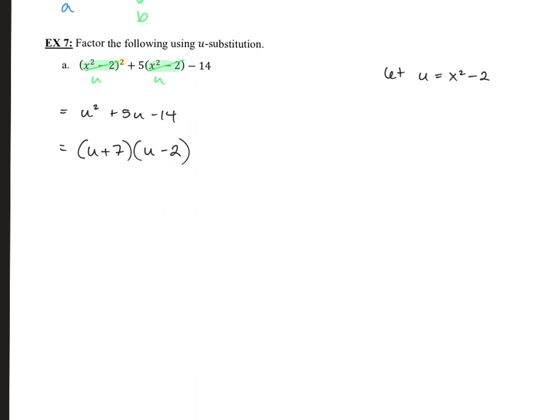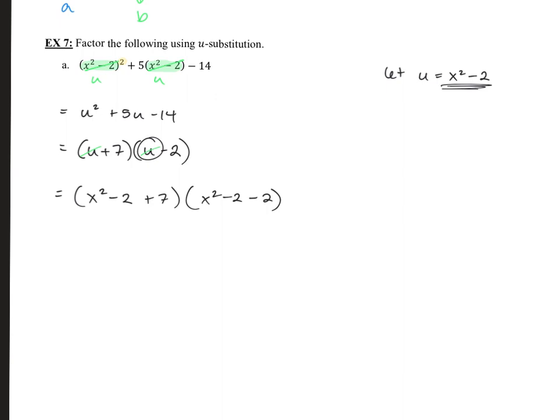So you might be tempted to say we're done, but we have to go ahead and plug this back in for u, because remember, we started out with x. So resubstituting this back in for my final answer, I get x squared minus 2 plus 7, and then x squared minus 2 minus 2.